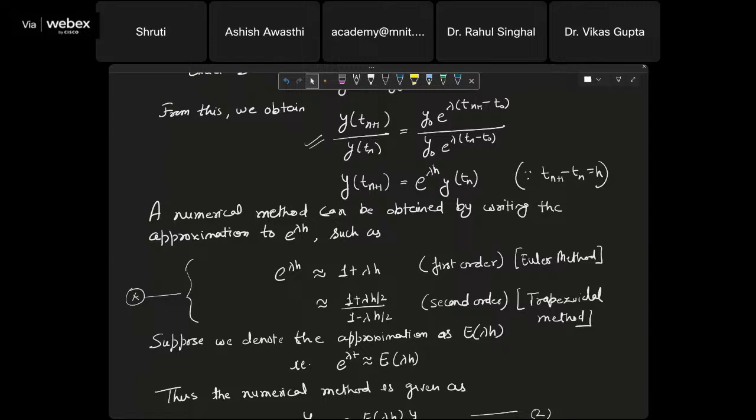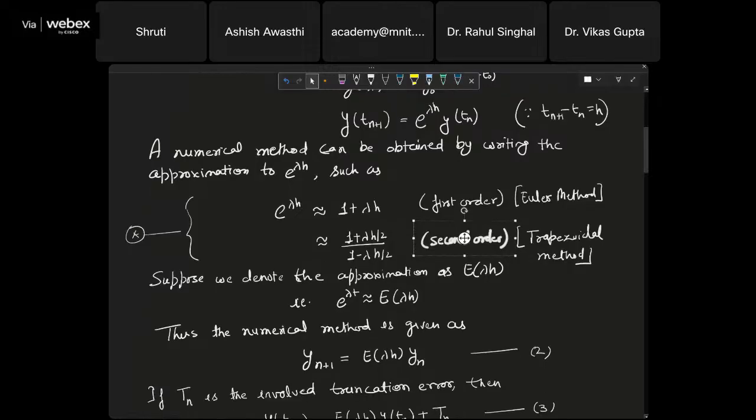So suppose we denote the approximation of e to power lambda h by capital E of lambda h. So this is just the notational part. With this notation, I can rewrite the numerical method as y n plus 1 equals capital E times y n.